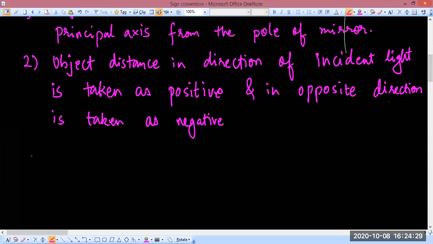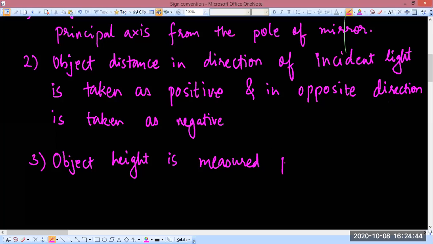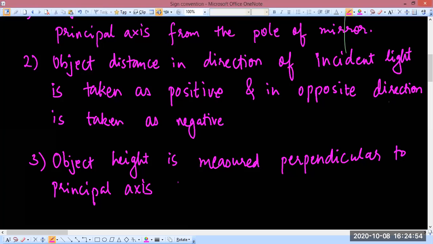Number 3, object height is measured perpendicular to principal axis.